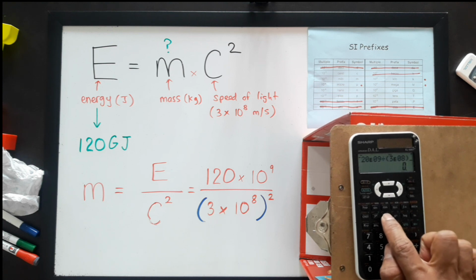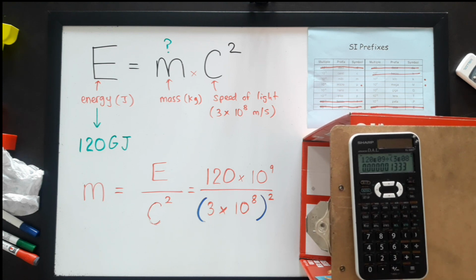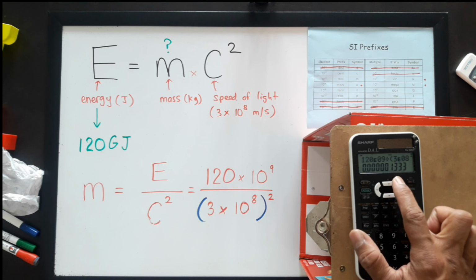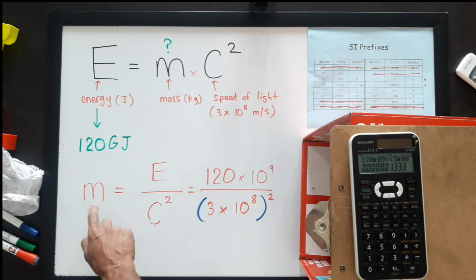I have a squared button here, and I press equal, and that's my answer. That's the mass. 0.000001333, and that answer is in kilograms.